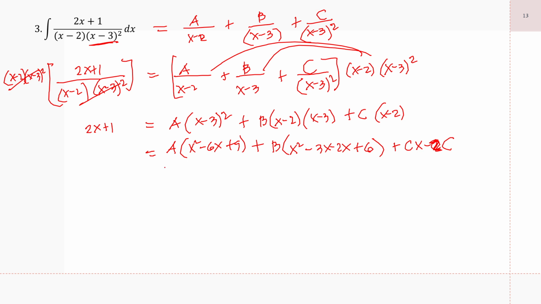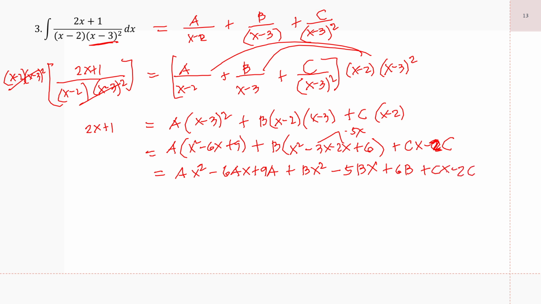Expand here. So ax squared minus 6ax plus 9a plus bx squared. This would become negative 5x, so this is negative 5bx plus 6b plus cx minus 2c. And we have to combine all the coefficients.